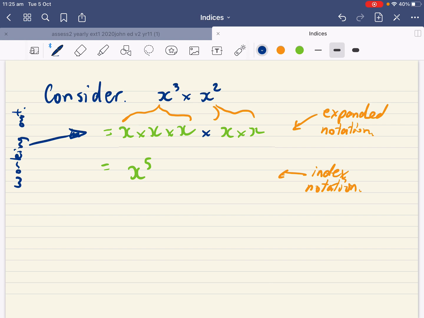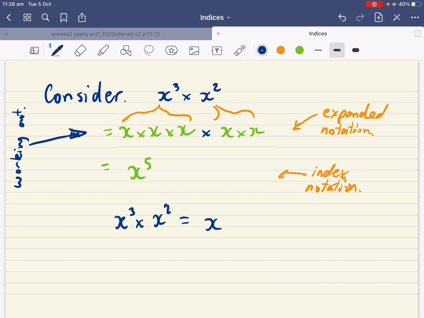So we're going to redo this question using an index law. In this case, because we're multiplying, we're going to be using index law number 1. And all index law number 1 says is, hey, notice how we had x cubed, so there was 3 x's, and over here we had x squared, there was 2 of them. Well, the index law says forget all that working out, forget expanded and index notations.